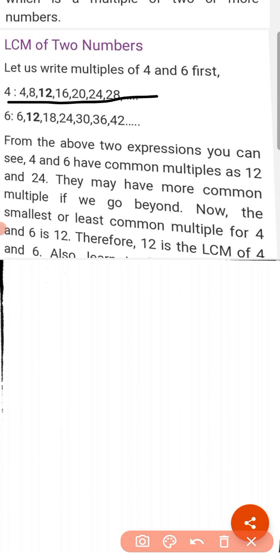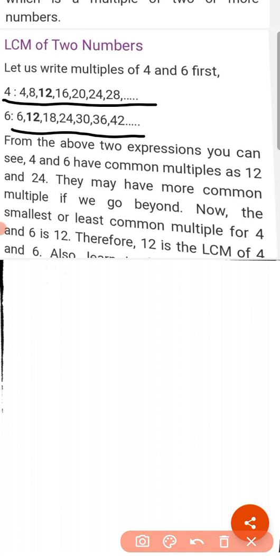4, 8, 12, 16, 20, 24, 28. First 7 multiples. Then write a few multiples of 6: 6, 12, 18, 24, 30, 36, 42. First 7 multiples.